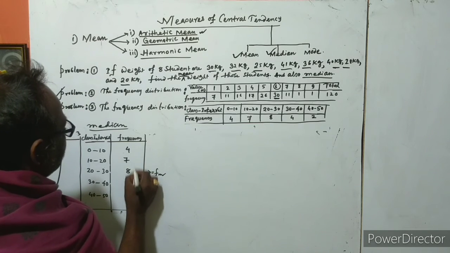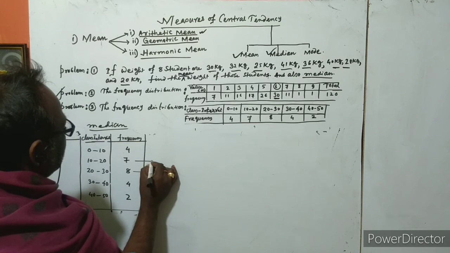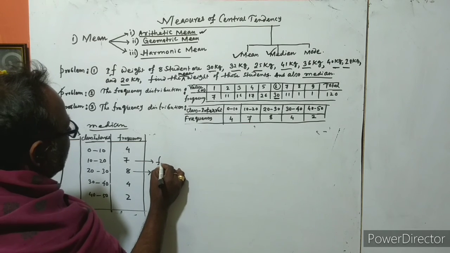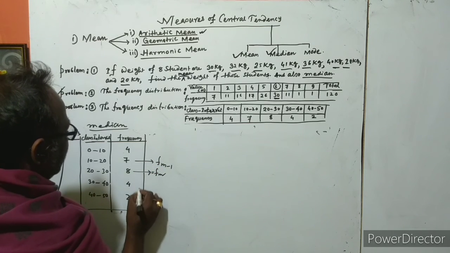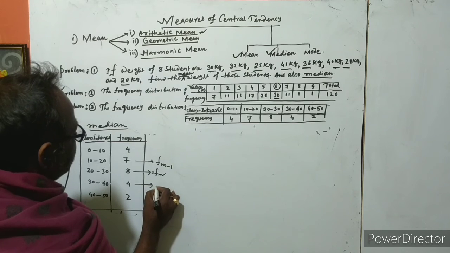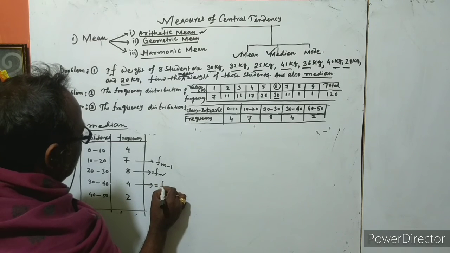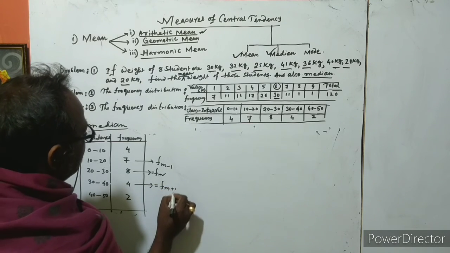The frequency before it is denoted by Fm minus 1, and the frequency after it is denoted by Fm plus 1.